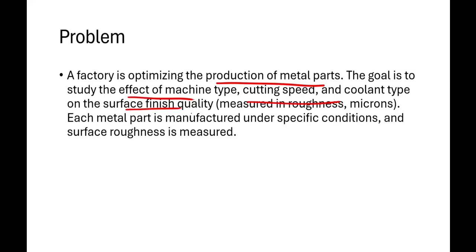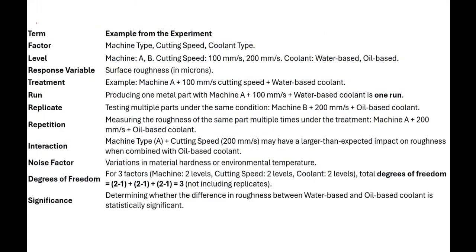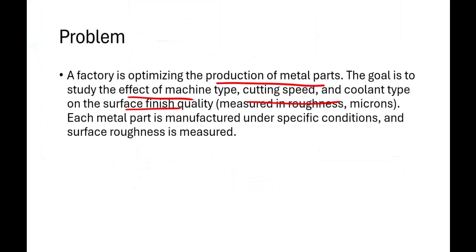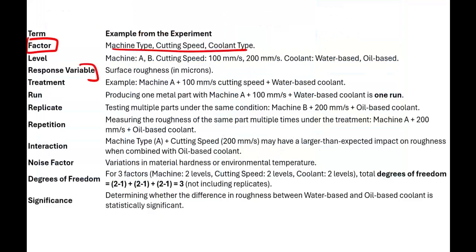We can list it this way: machine type, cutting speed, coolant type, and then surface roughness. The factors are these three. The response variable is the surface finish quality. You are trying to see the influence of these parameters on the surface finish quality.